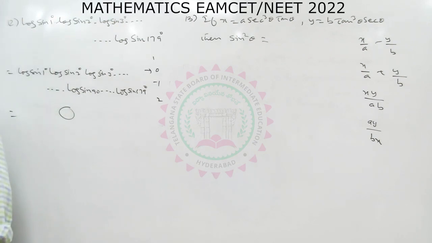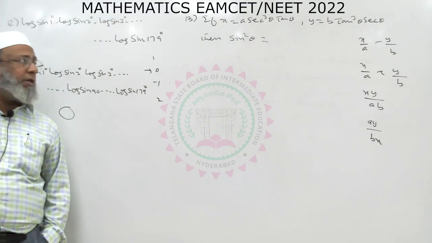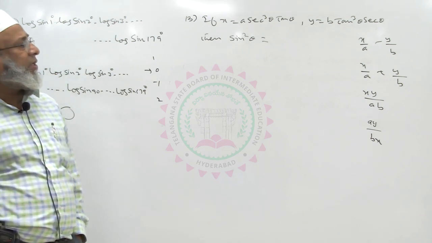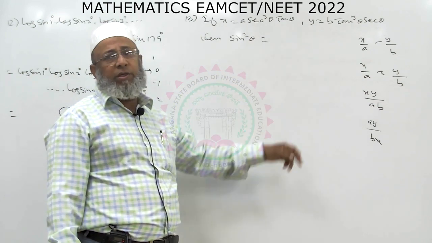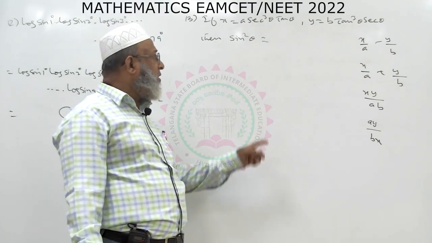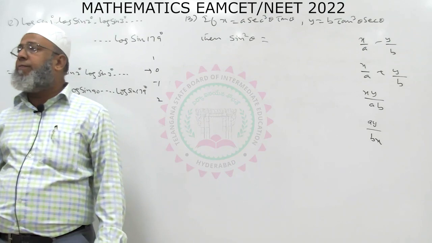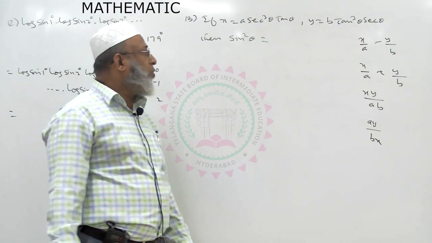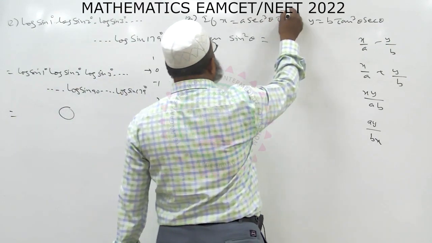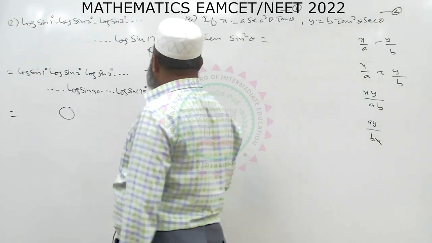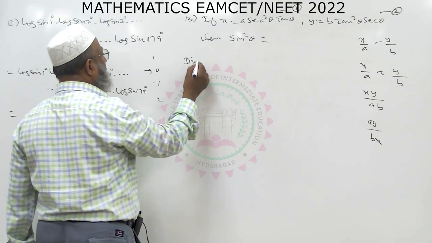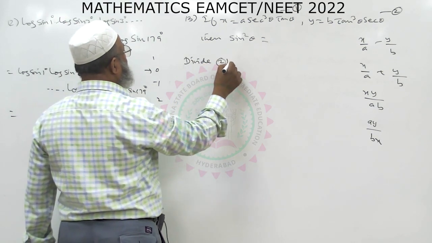Right? So, what is being asked? He is asking the value of sin square theta, given x is equal to something, y equal to something. I am giving this as equation 1, this is equation 2. Now, divide 2 by 1.